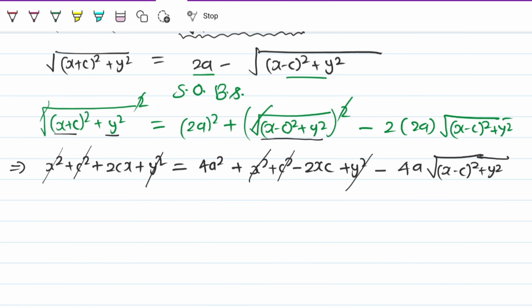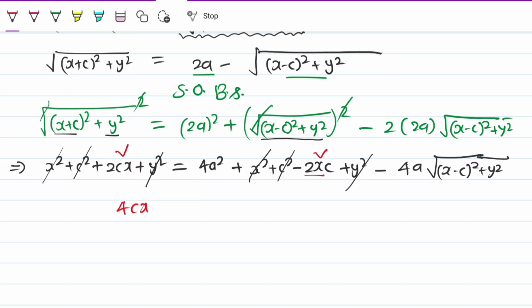Next, this 2cx and 2cx, this minus 2cx I can shift on the left hand side, so 2cx and extra 2cx, so it means what, this is 4cx now.